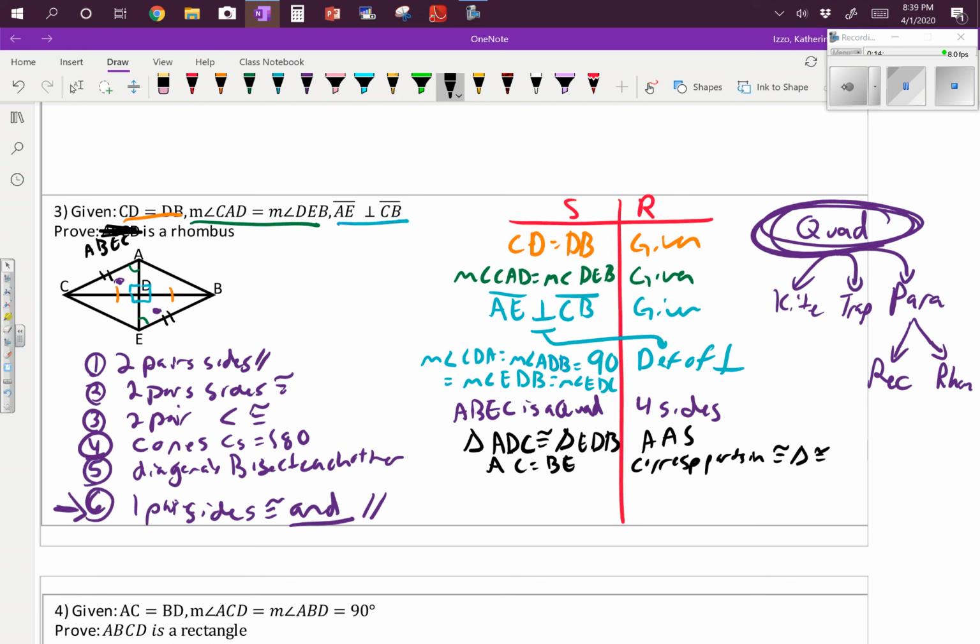So I've got 1 pair of sides congruent. Now I need 1 pair of sides parallel. In order to get 1 pair of sides parallel, I need to use those green angles because those green angles attach this red to red and red to red.